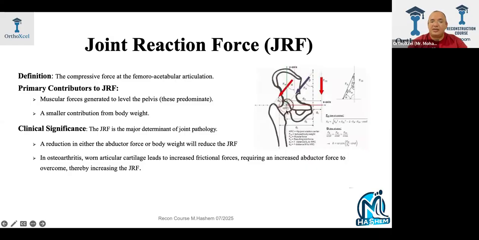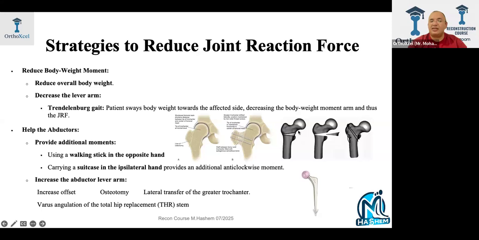The other option to increase this offset is to put the hip into varus. So if you do a proximal femoral osteotomy in varus, as you can see, if we start with the offset from the longitudinal axis of the femur to the center of rotation of the hip, when we do a varus osteotomy, what will happen is this offset will increase.